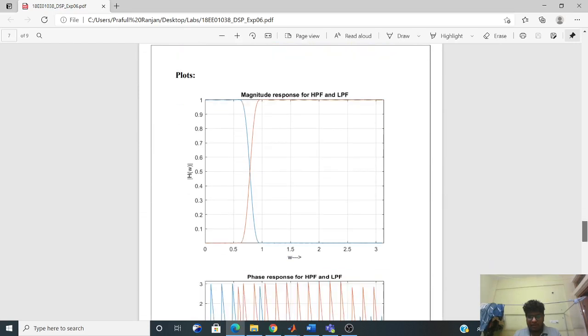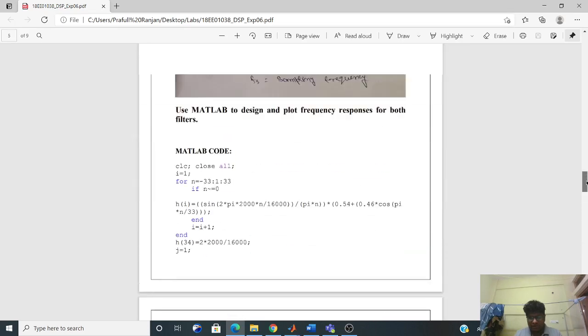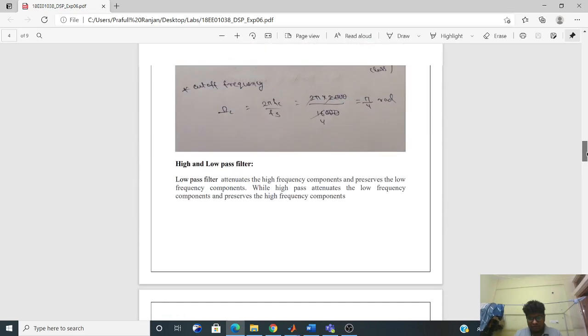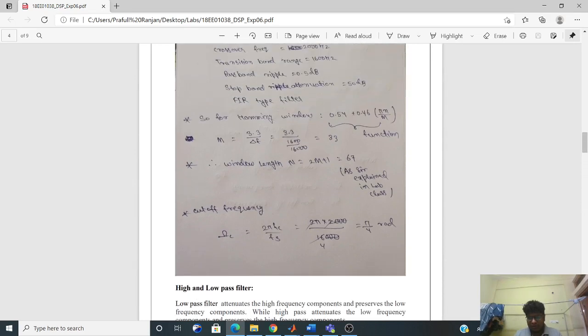So the plots come like this. This is for the low pass filter and this is for the high pass filter, and the crossover frequency, the cutoff frequency fc, is approximately 0.57... this one, pi by 4.